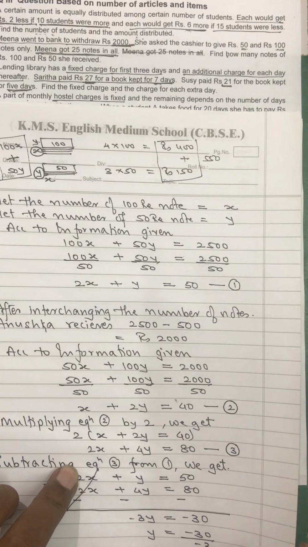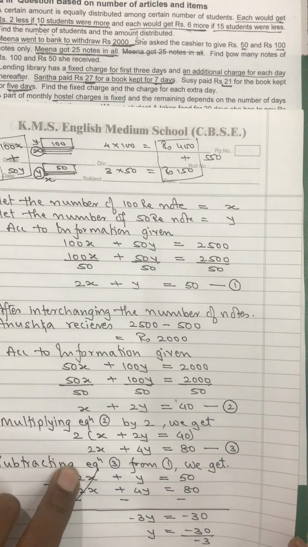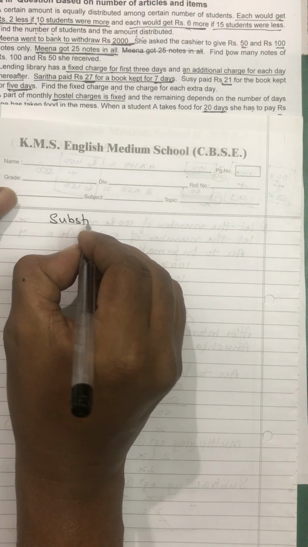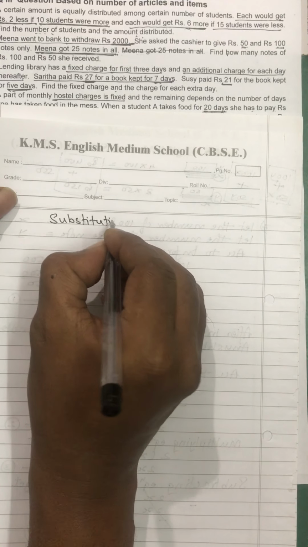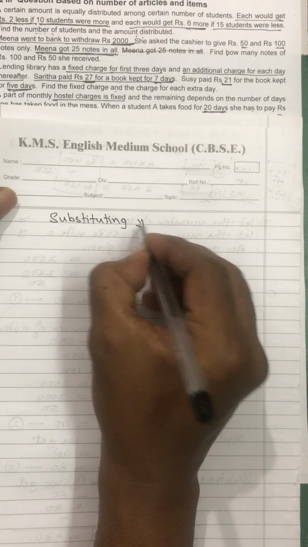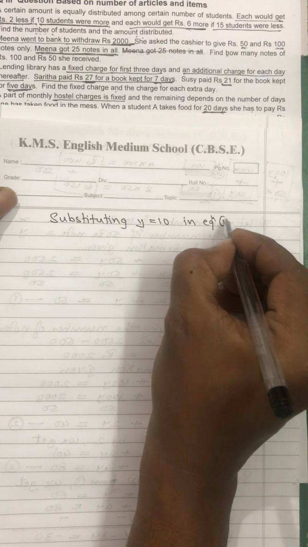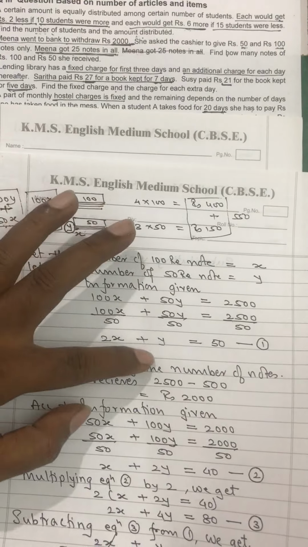So substituting y is equal to 10 in equation 1. So equation 1 is 2x plus y is equal to 50.